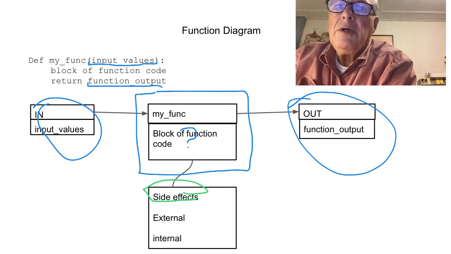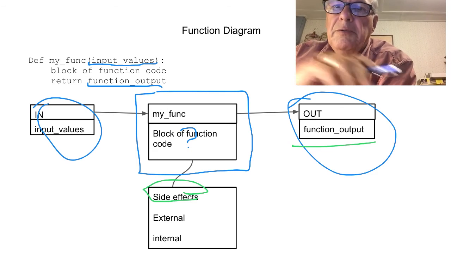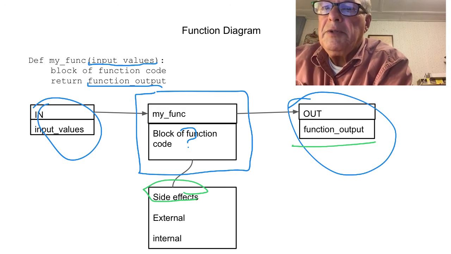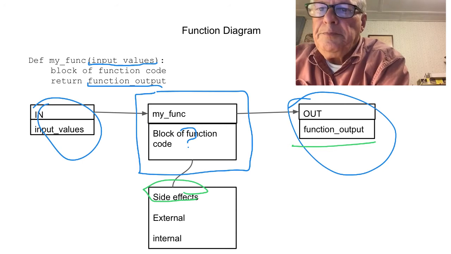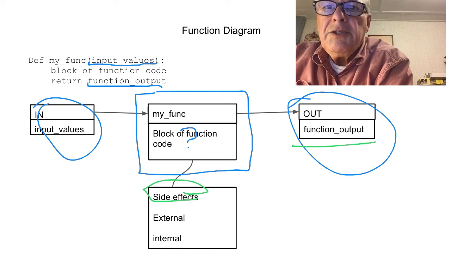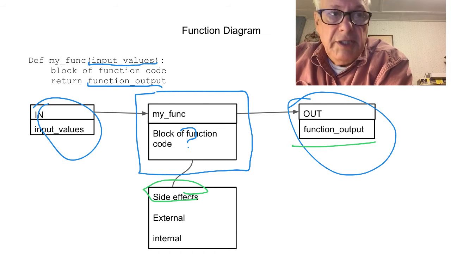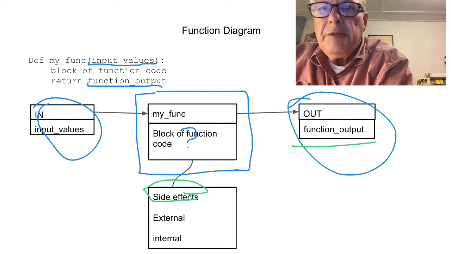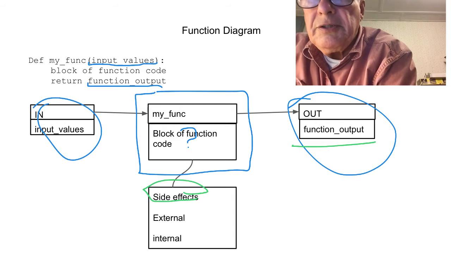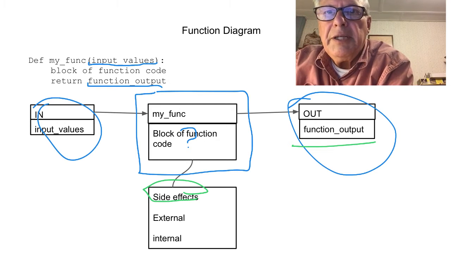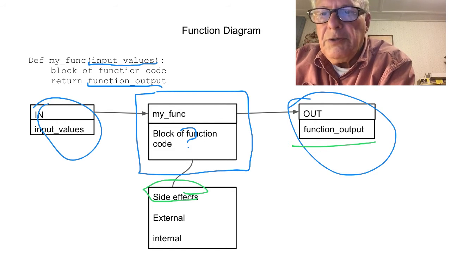So there's no output with a print statement, but there is a side effect. And the side effect is, in that case, beneficial. It's external to your code. It prints something on the console, doesn't affect your program in any other way. So that's okay.